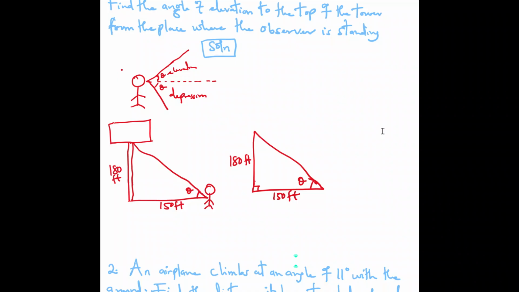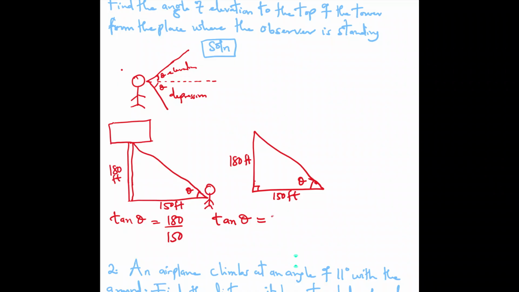So to find the angle of elevation, it will be tan, because we are given opposite and adjacent. So tan theta is equal to 180 divided by 150. 180 divided by 150 gives us 1.2.